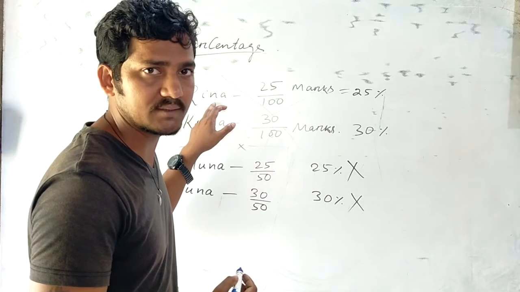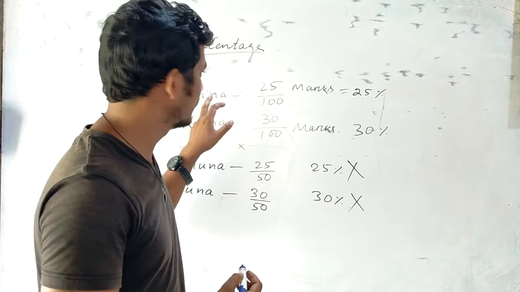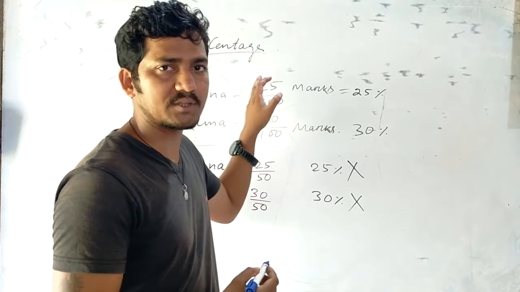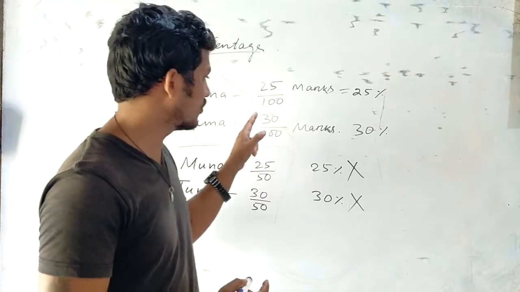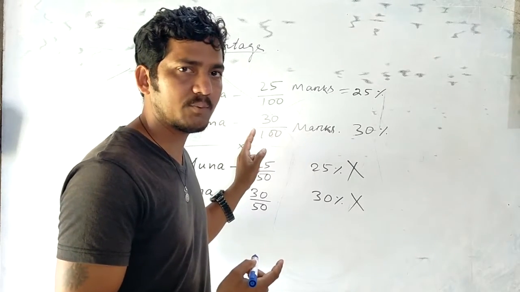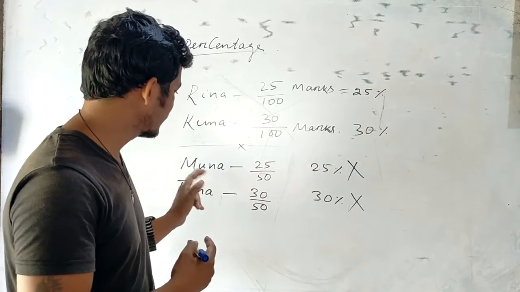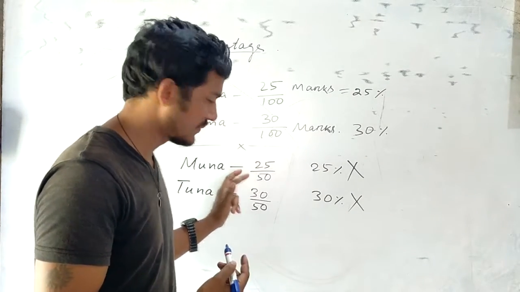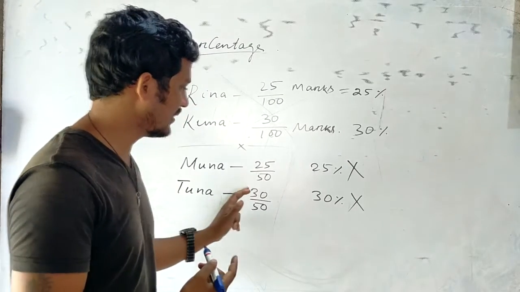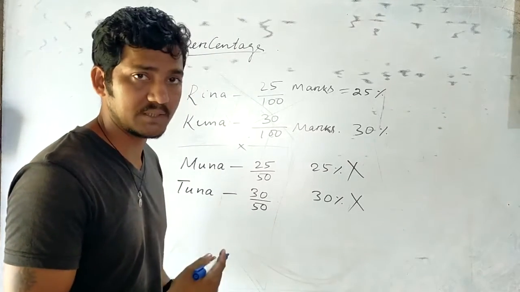In the first case, Rina has got 25 marks out of 100, and Kunal has got 30 marks out of 100. But in the second case, Muna has got 25 marks out of 50 and Tuna has got 30 marks out of 50.